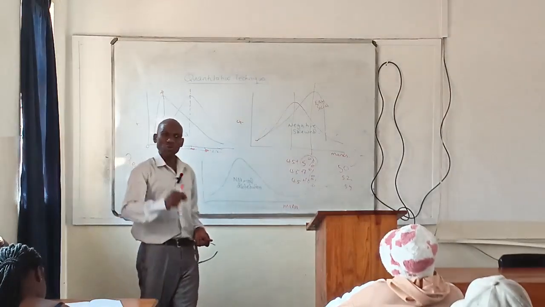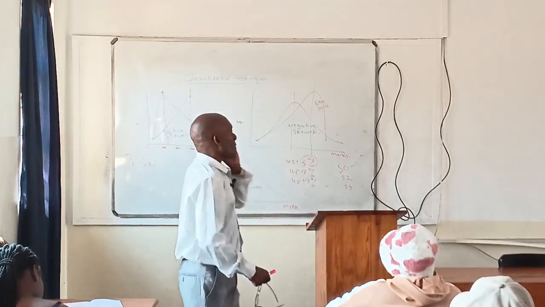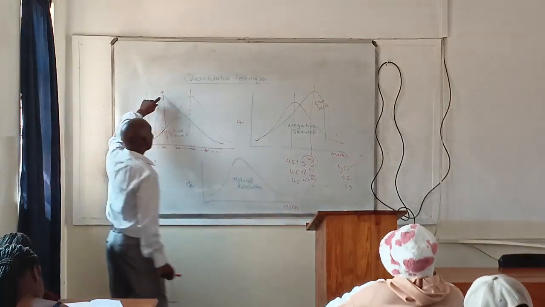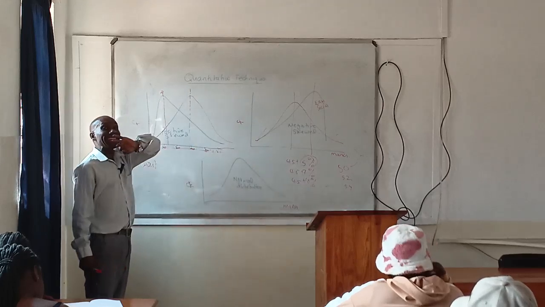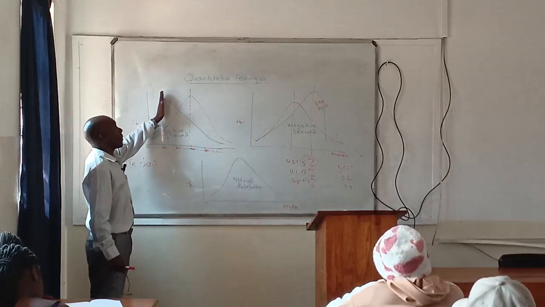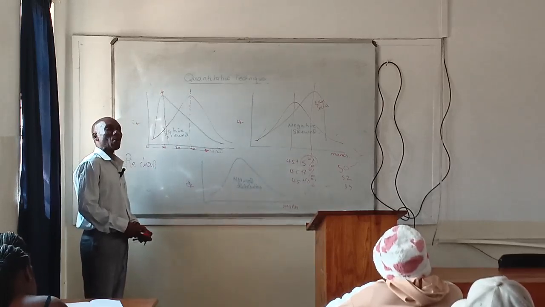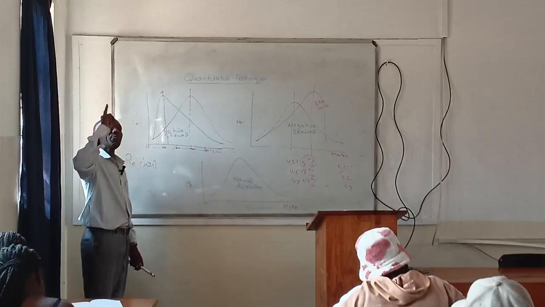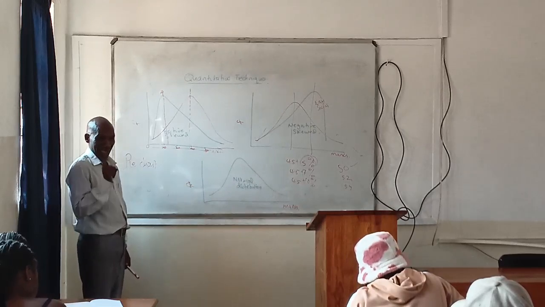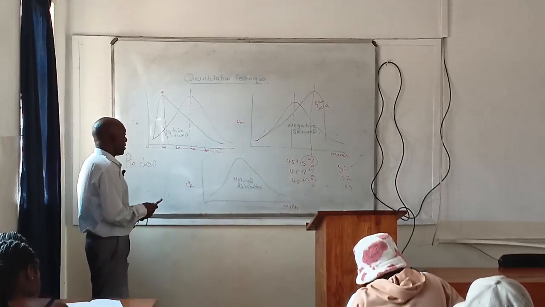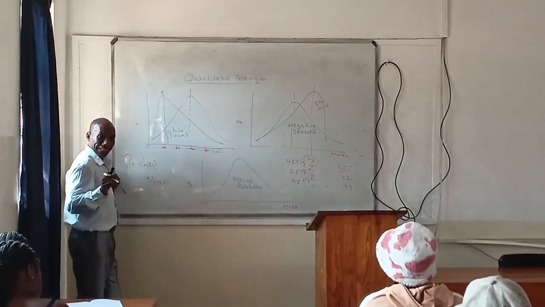Now, before I come to the mean, what will determine this point? There are three things that will help you know where you are going to do this. These three things are what we'll look at: mean, mode, and median. Mean is average, right? You know that.